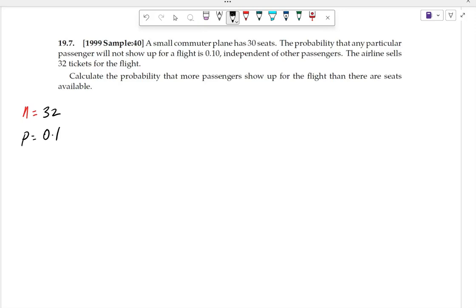So what does the X need to be in this case? 0 or 1. Yeah, we flipped it the other way around, right? We defined the success as not showing up, so in order not to be oversold, we would need 2 or more successes. This is asking us for the probability that the flight's oversold, right?